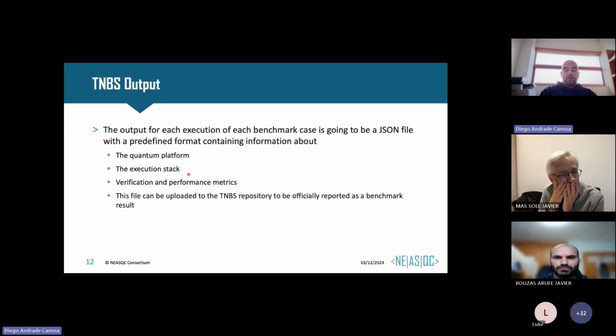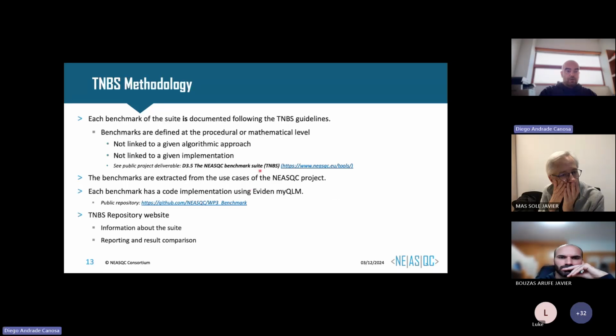Okay, and all this information will be uploaded in the future, in a month or so, in our centralized TNBS repository to be officially compared to other executions of the same benchmarks. So the TNBS methodology has a document, the TNBS guidelines.